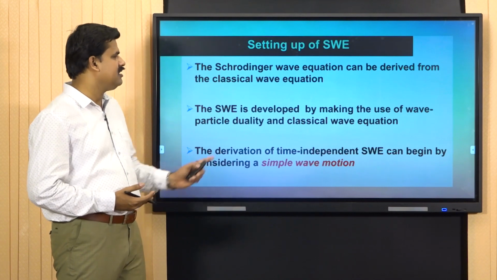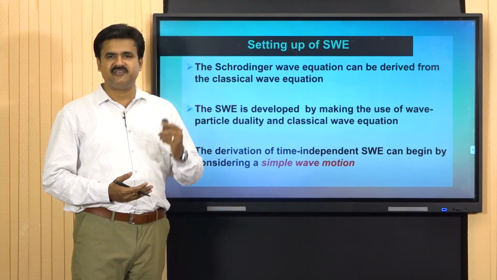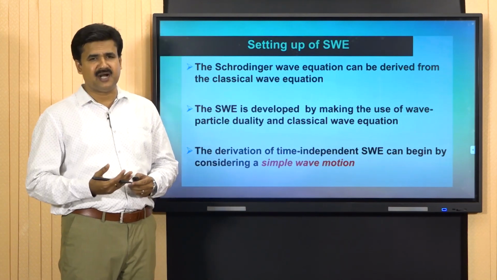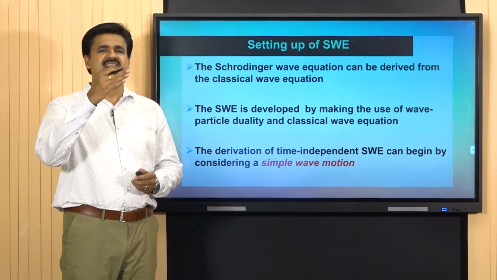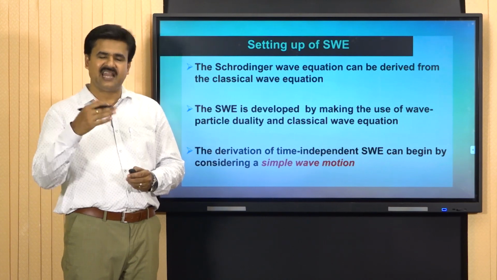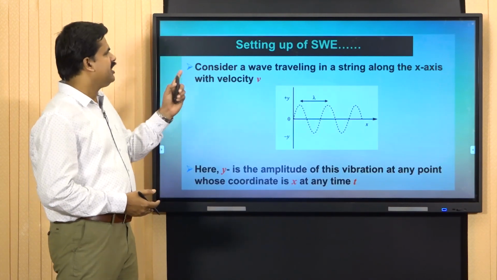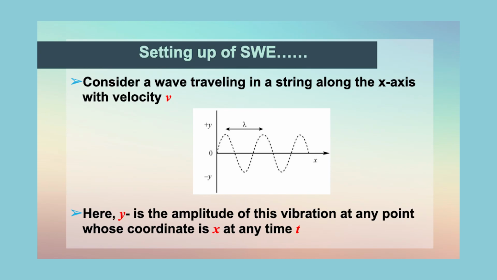The derivation of time-independent Schrodinger wave equation can begin by considering a simple wave motion or the motion of a stretched string like that. Now, consider a wave traveling in a string along the x direction with velocity equal to v.